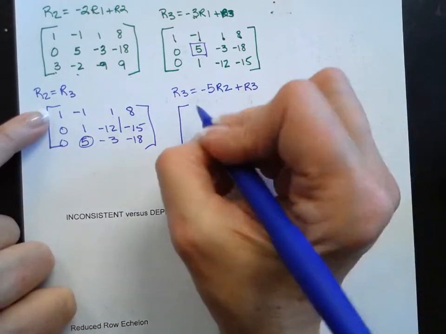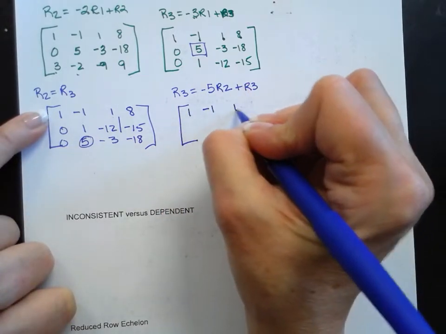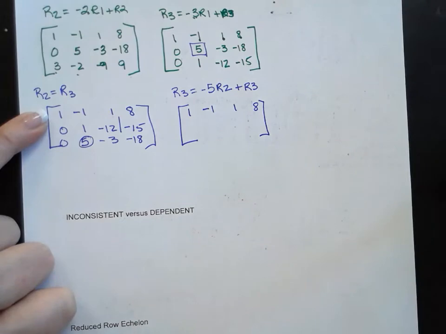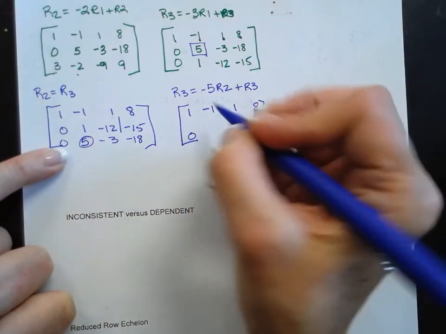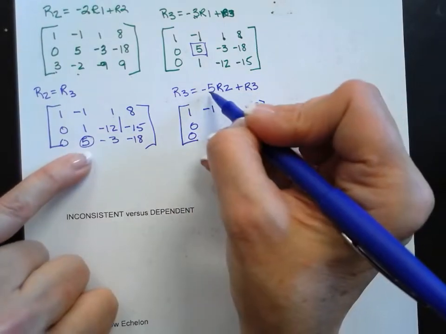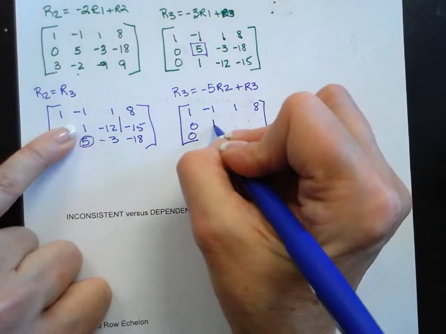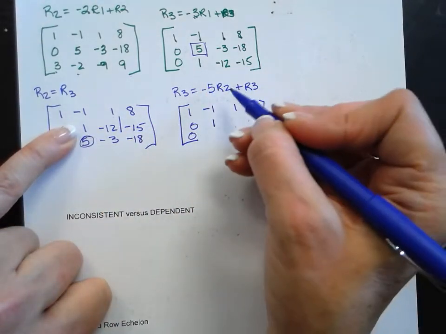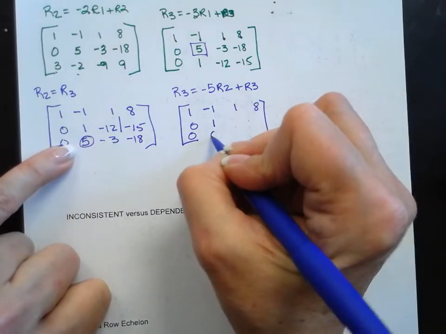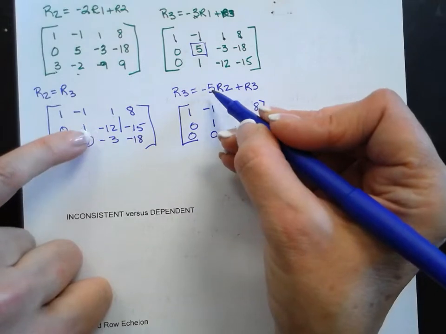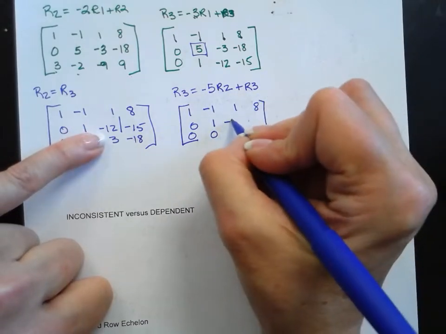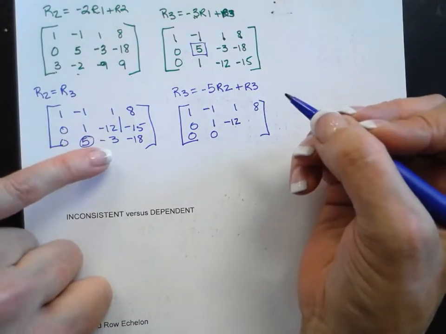So row 1 stays the same. And so -5 times 1 is -5. -5 plus 5 gives me my 0. -5 times -12 is 60.